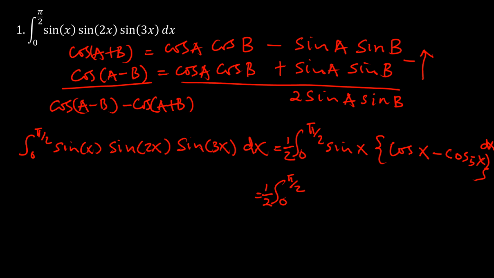From this 2 coming this side, divide both sides by 2. So we have sin x cosine x minus sin x cosine 5x.